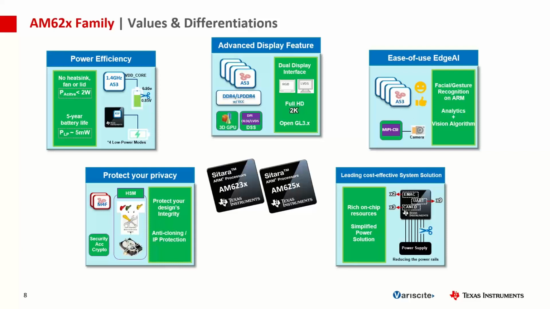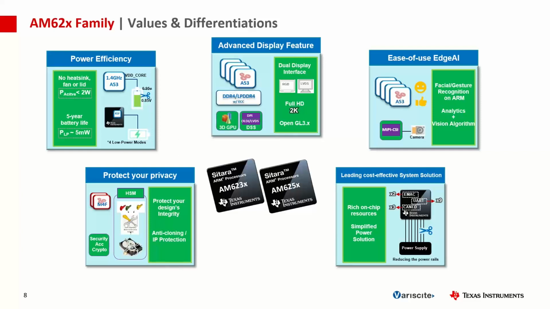The feature display, like I said, it's dual display, parallel RGB, and then the full HD from the LVDS serial interface. And then the Edge AI, like I said, again, when you have those 4-lane CSI, even on the A53 cores, you can take advantage of that.